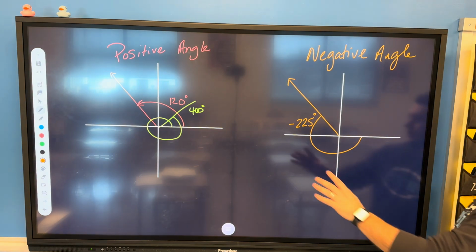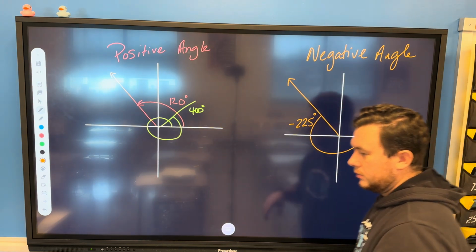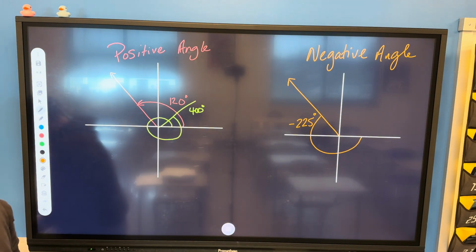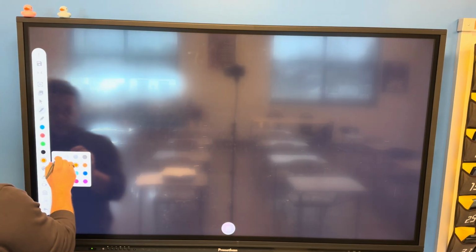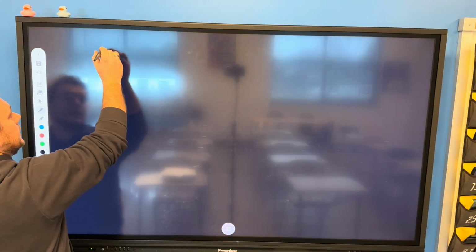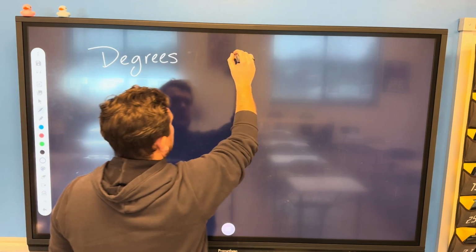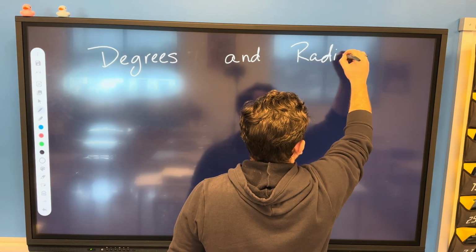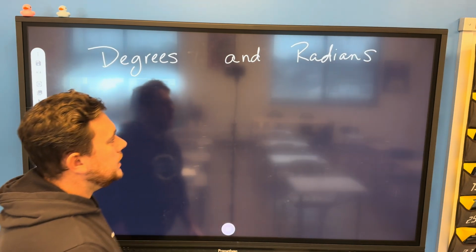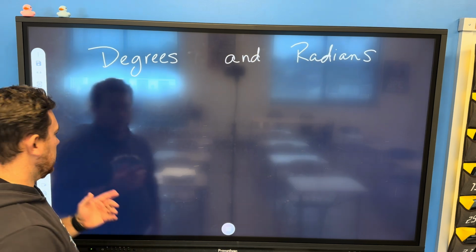Okay, positive, up and around, negative, down and around. Okay, so the main point of this lesson is degrees and radians. And the thing that we need to understand is their relationship between the degrees and radians and how that works.